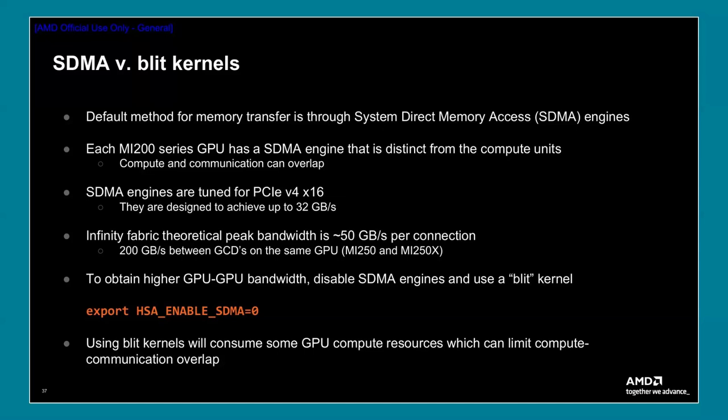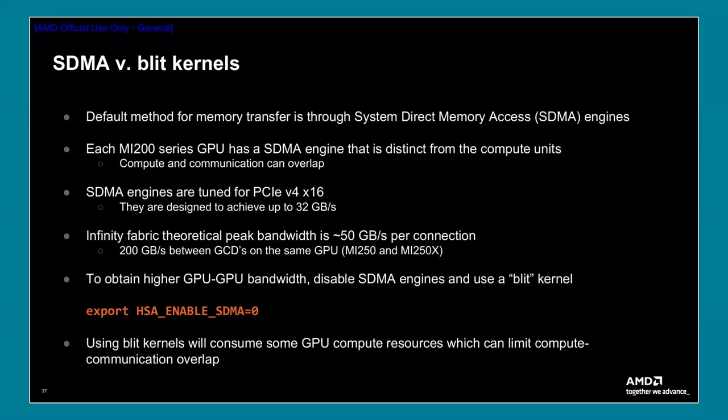Okay, so the default method for memory transfers with both Cray MPICH and OpenMPI is through what's called System Direct Memory Access engines. So each MI200 GPU has an SDMA engine, which is distinct from compute units, and their sole purpose is to manage the memory copies between devices. And they're segregated from the compute unit so that you can overlap compute and communication, which can be beneficial.